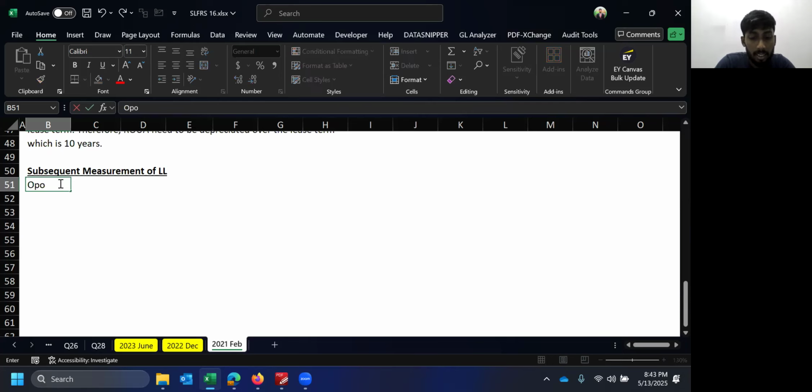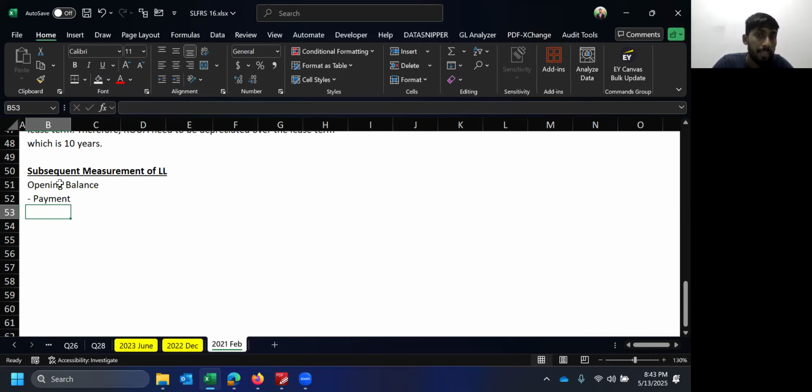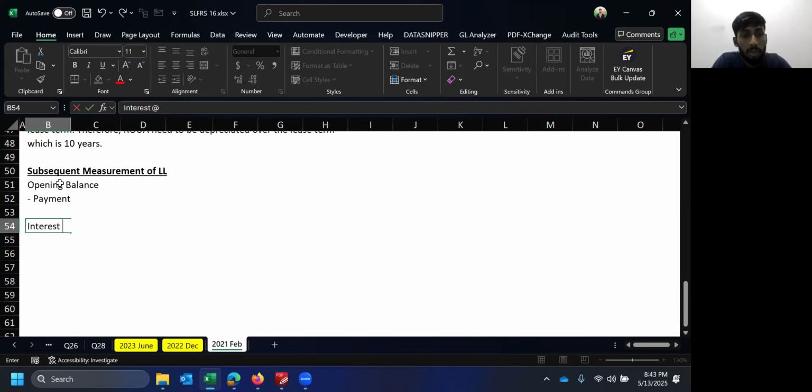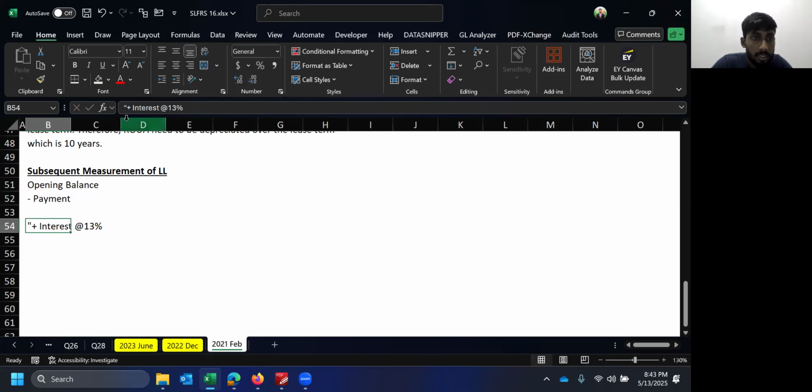So we can take the opening balance. Then we need to deduct the payment. Then we have the opening balance after payment. For that, I have to add the interest at 13%.